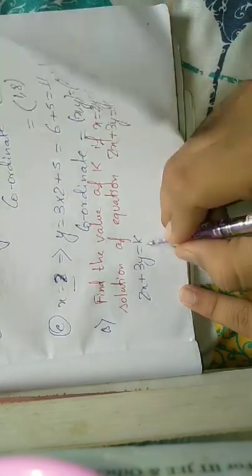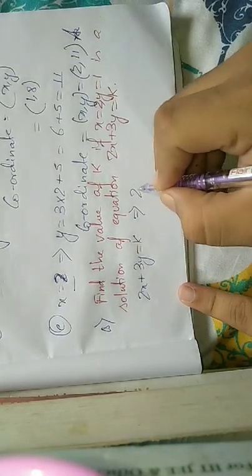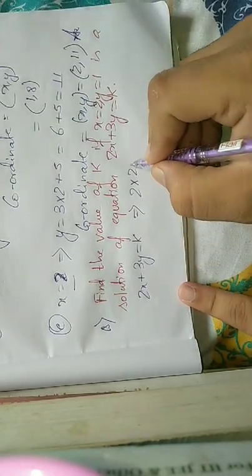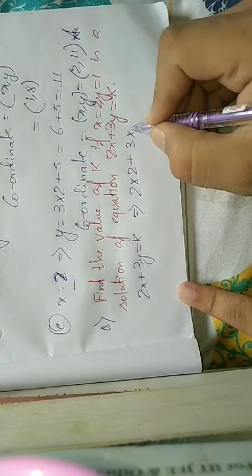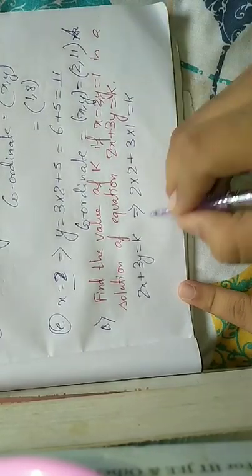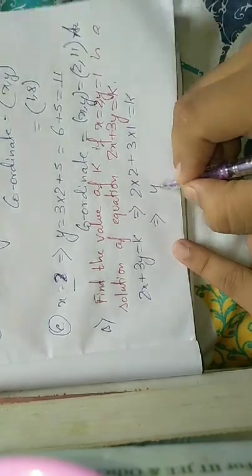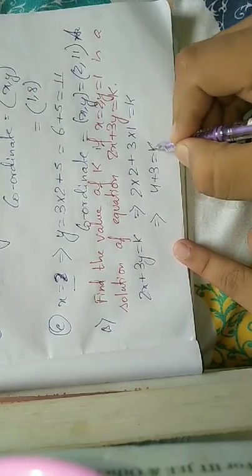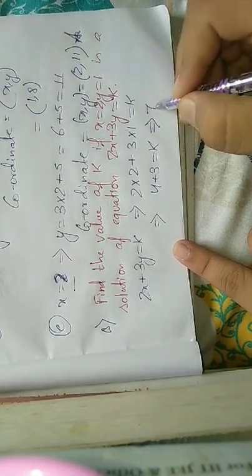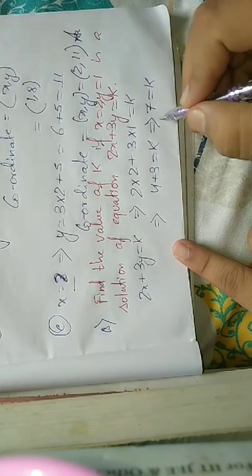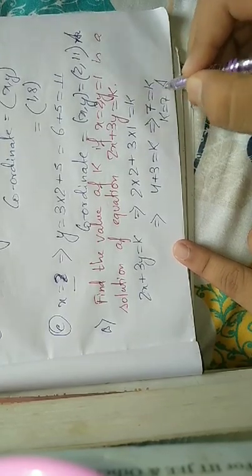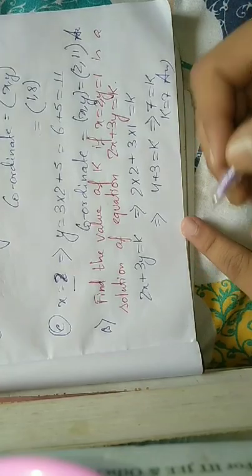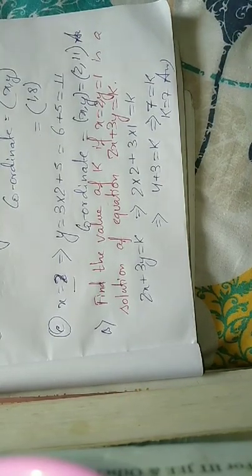So 2 into the x value, which is 2, plus 3 into the y value, which is 1, is equal to k. So 2 twos are 4 plus 3 is equal to k, which implies that 7 is equal to k, or k is equal to 7. So we got the value of k. This was a very easy question.